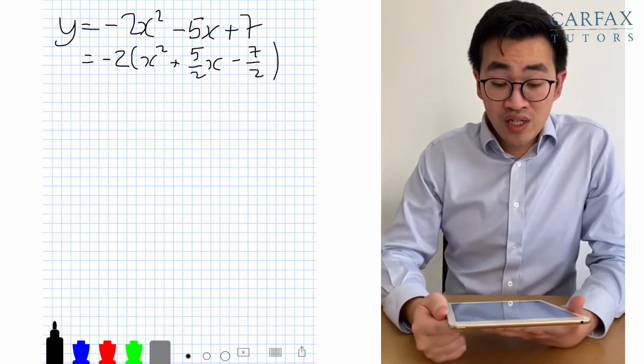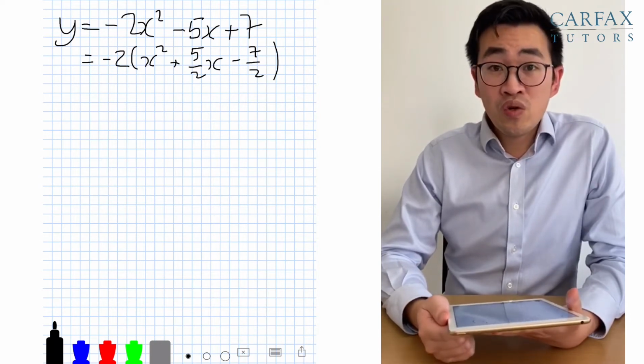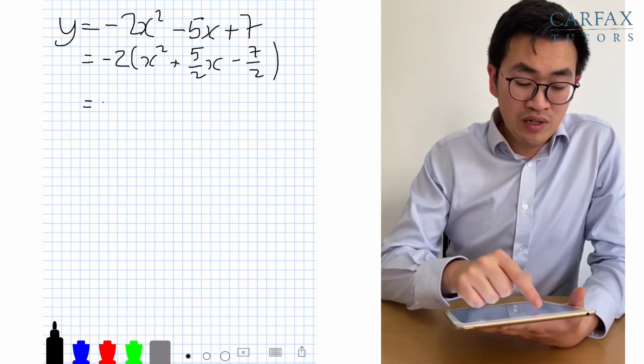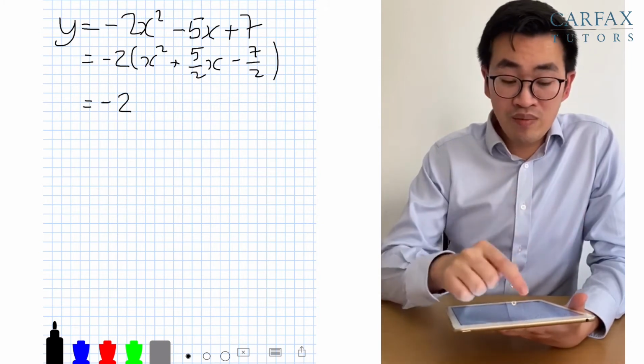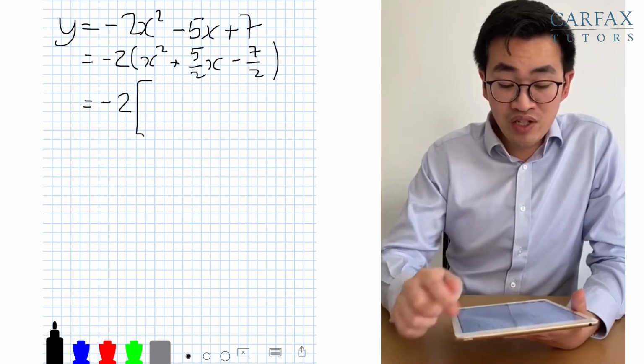Okay, and as you can see inside the bracket, that's very similar to what we've done in the first example. So let's just go through the same process. So the negative 2 outside, just keep it as it is. I'll introduce a big bracket to ensure that you're not making any sign errors.